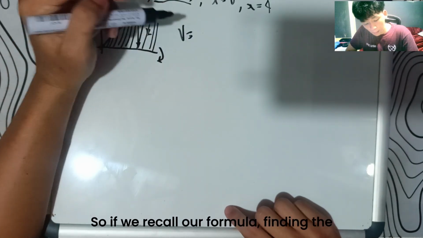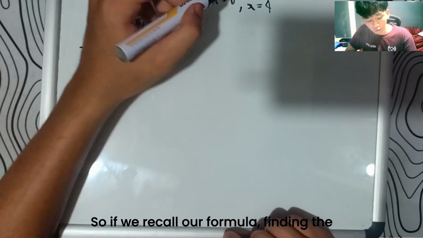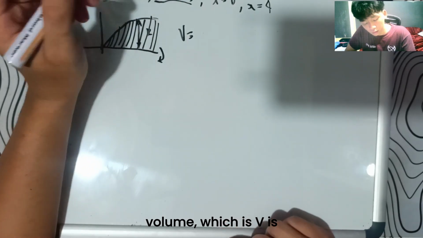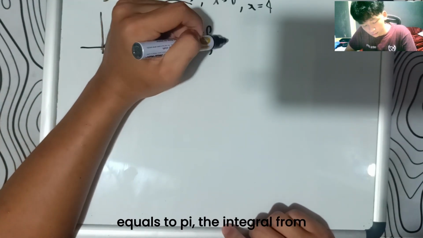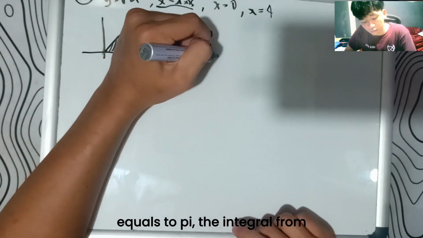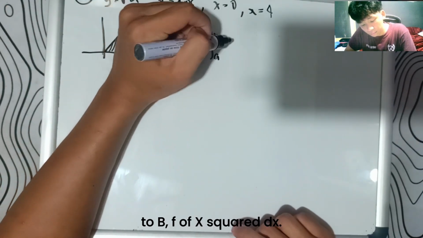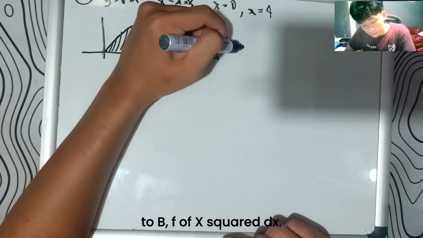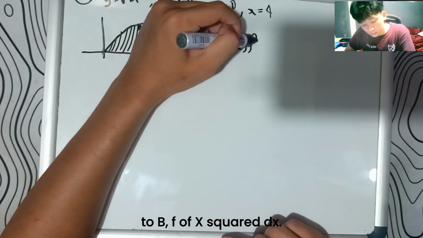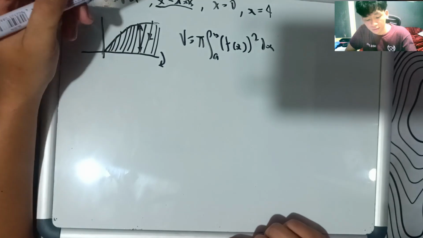So if we recall our formula for finding the volume, V is equal to pi times the integral from a to b of f of x squared dx.